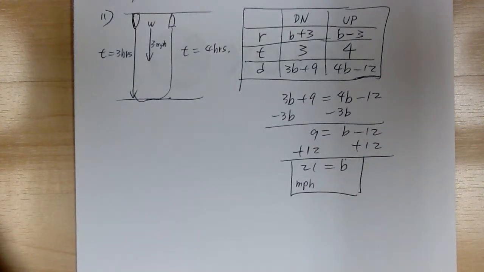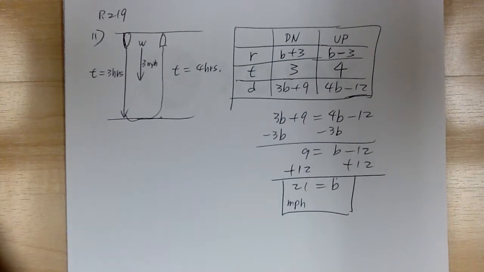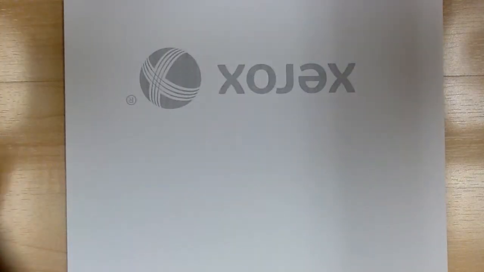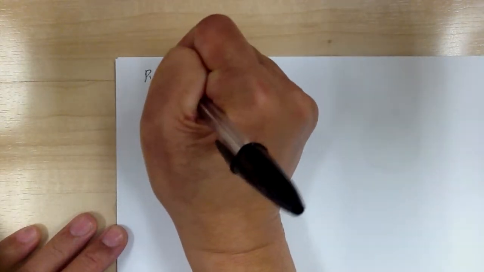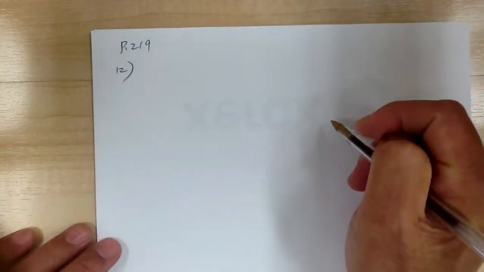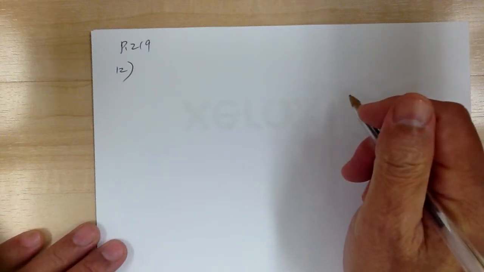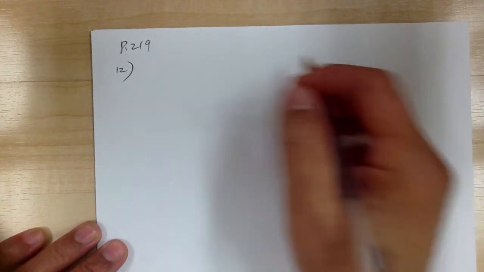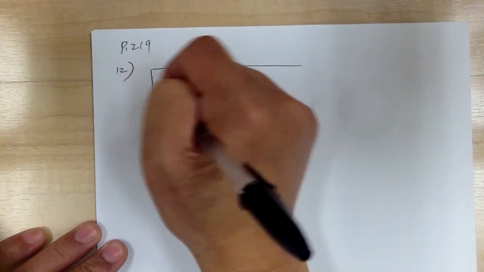So that's it for number 11. Okay, let's go to number 12. Okay, number 12, it says the moving walkway at the airport moves at a rate of 5 feet per second. So here's your walkway.